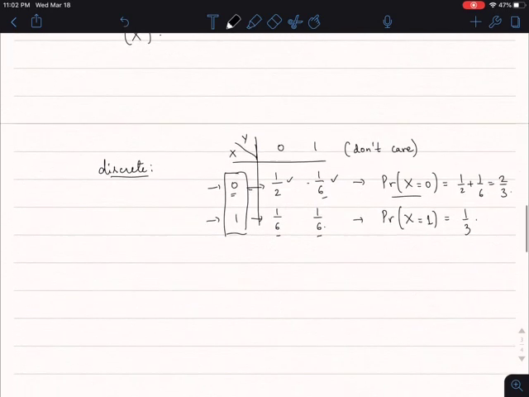And if you have continuous variables x, y, then you do exactly the same as before. But now instead of summation, you've got to do integration. So let's write this marginal distribution as p_X.